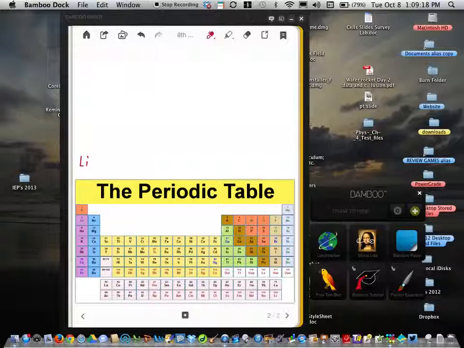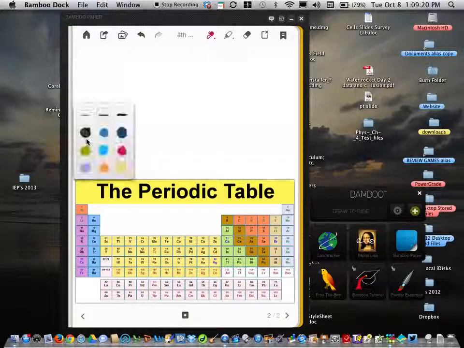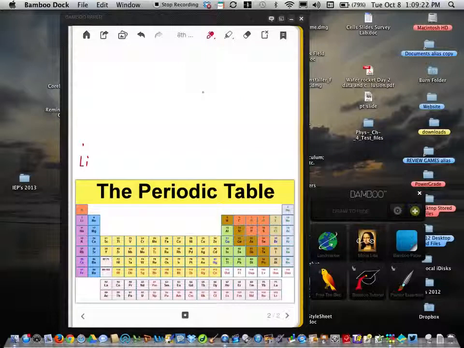Lithium, for example, has one. And how many electrons this element gains can be figured out in realizing that it has an open spot right there for an atom to come into the first energy level.